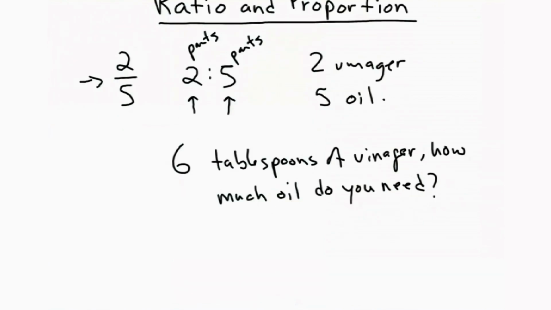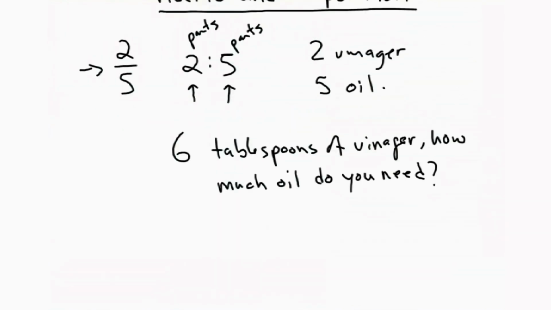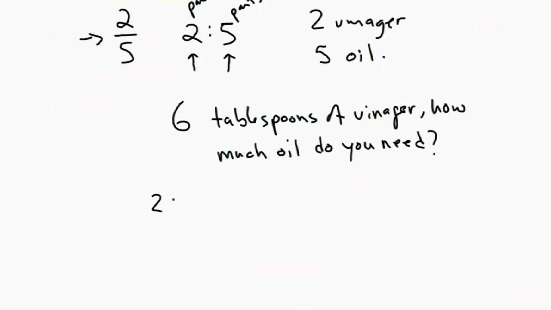And so we can set it up like this. We know that it's 2 to 5, 2 parts vinegar to 5 parts oil. So this side of the ratio, or the proportion, is the vinegar. And now we need 6 tablespoons. So how much oil do we need if we need 6 tablespoons of vinegar?